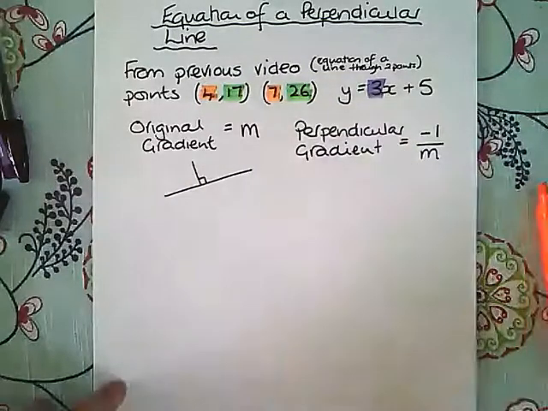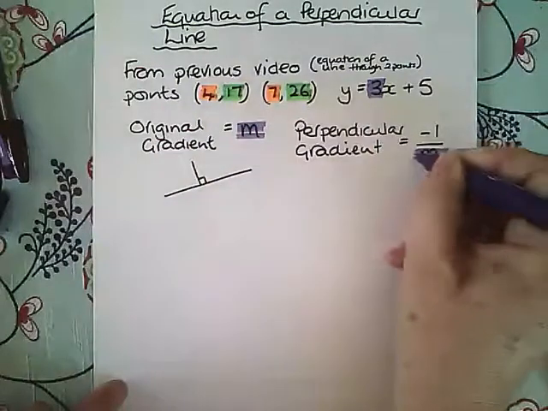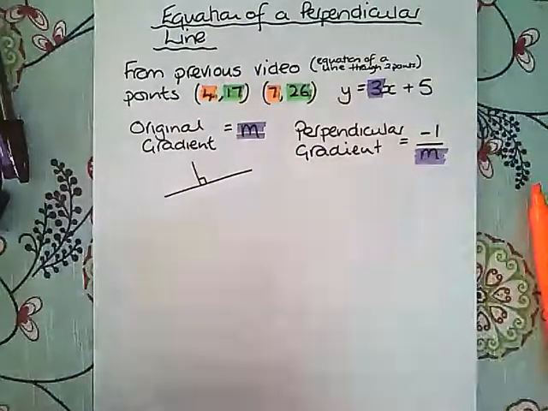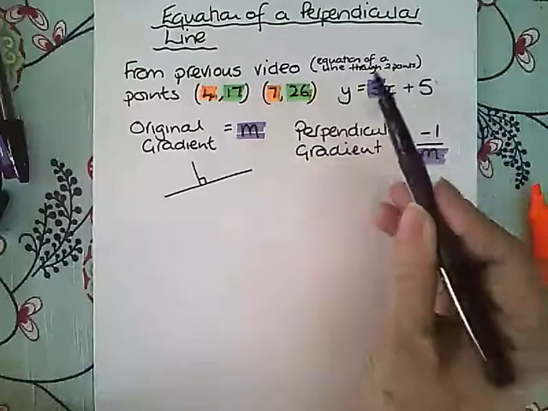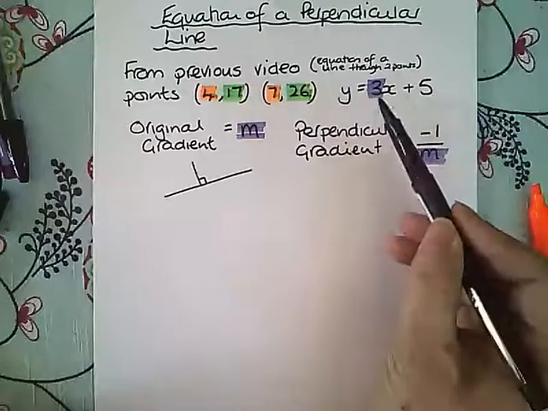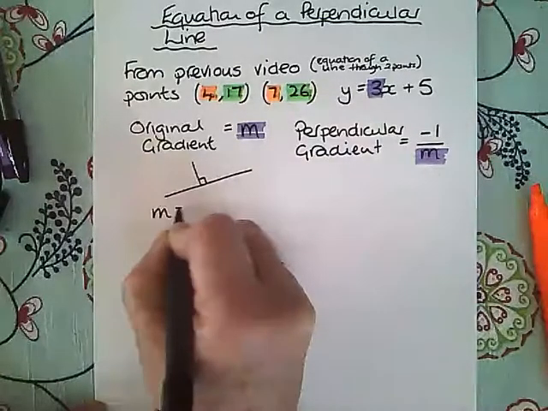Let me just colour these in purple because that is how I'm showing where the gradient is. So in our original line, the equation of a line that we found between these 2 points, the gradient was 3. So m is equal to 3.